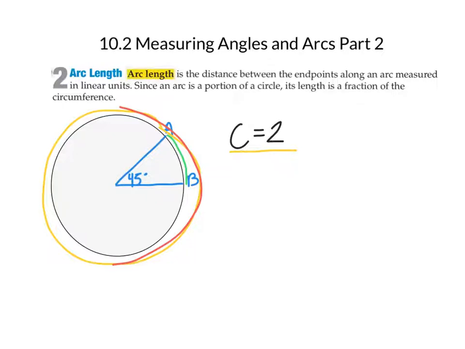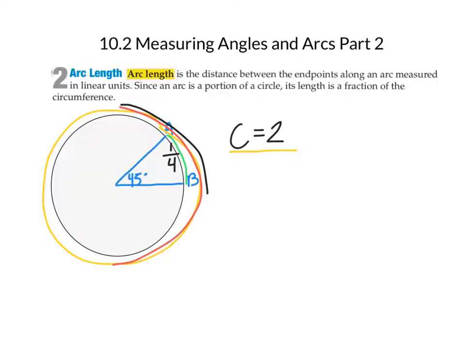So I'm going to guess that the length of this arc AB is about 1/4. And in this case, it actually is going to be exactly 1/4.